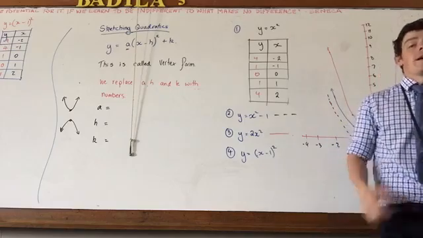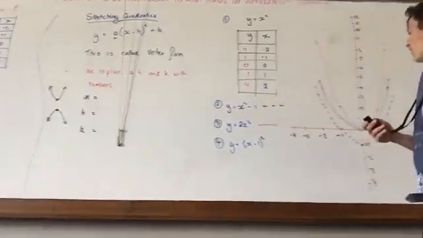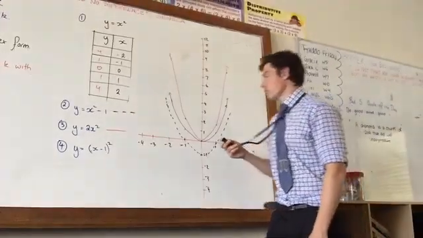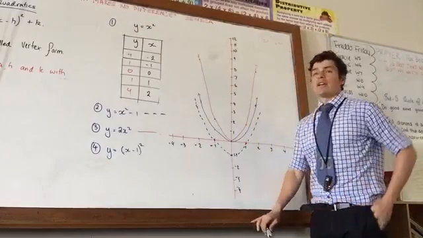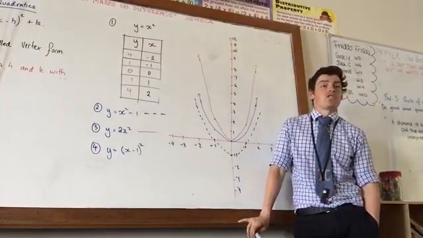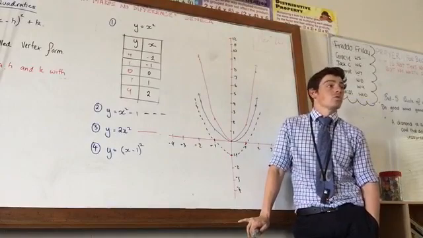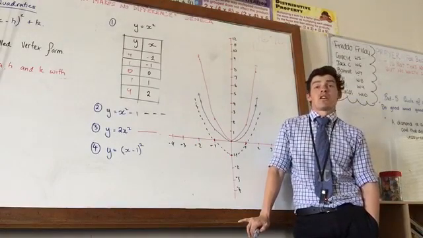This is what we call the base form of our graph. And our base form of our graph is the blue one here. Where does the blue one have its turning point? Where does it have its vertex? What's the coordinate? 0, 0. Isn't that interesting?